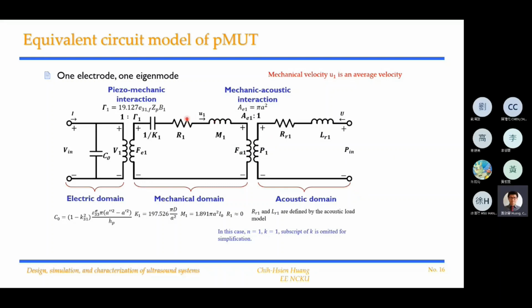If you use the current style, then this can be converted directly from the conversion ratio of the current and it goes to the other side and becomes the acoustic particle velocity. So the capital U here will be your particle velocity.